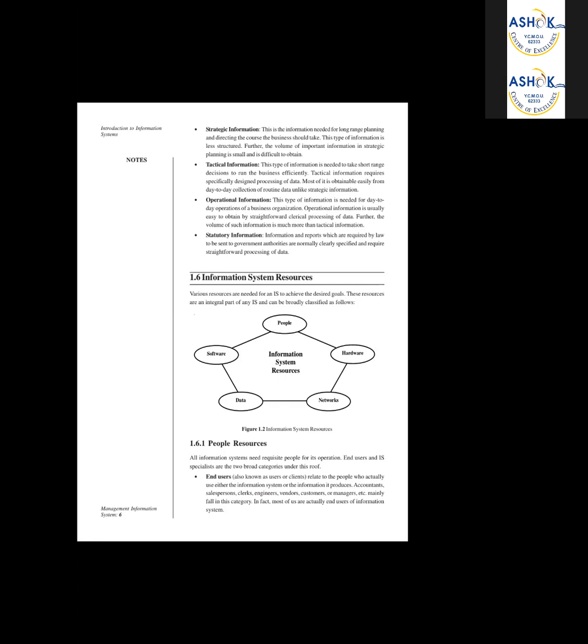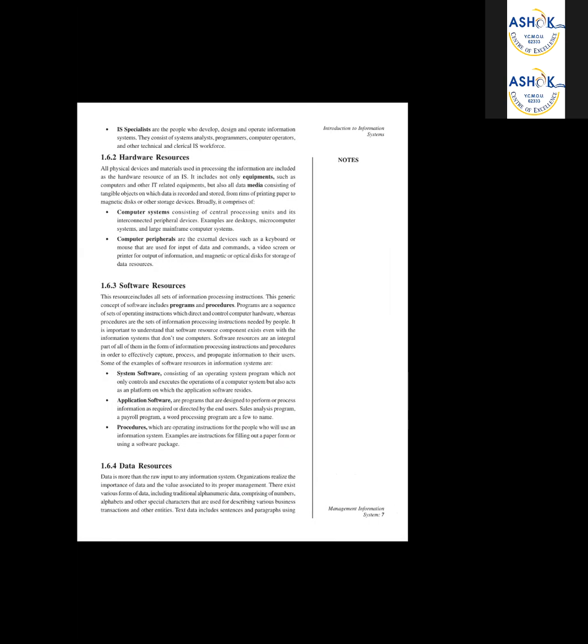In fact, most of us are actually end users of information systems. Second, information specialists are the people who develop, design and operate information systems. They consist of system analysts, programmers, computer operators and other technical and clerical information workforce.